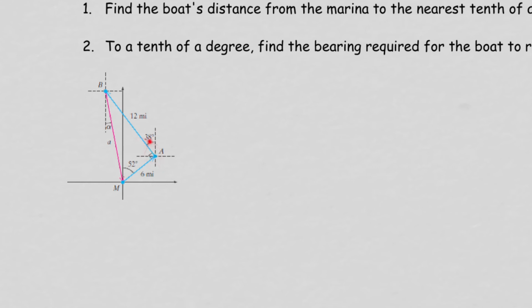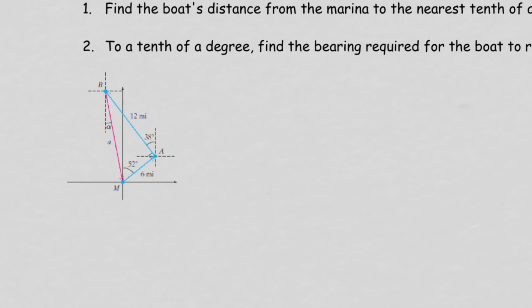So this is going to be 38 degrees. From that point, you measure north 38 degrees west, and that gives you 12 miles. So now both legs are right there. The first question is to find this distance right here, from the new location of the boat back to the marina, right?